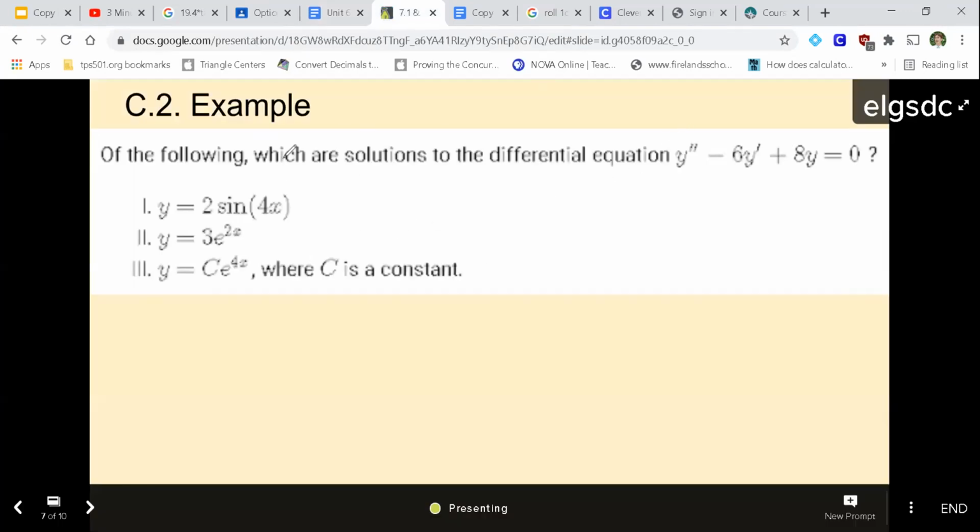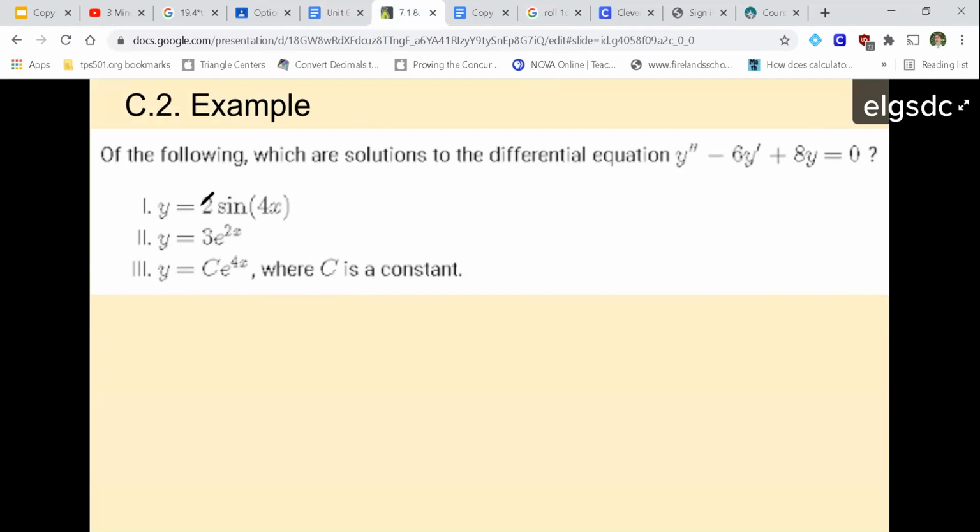Again, this problem might look pretty tough, but all you have to do to determine if any of these are a solution to this differential equation is take their derivatives and plug in. Because this differential equation has a second and a first derivative in it, we're actually going to have to take the derivative of this twice.